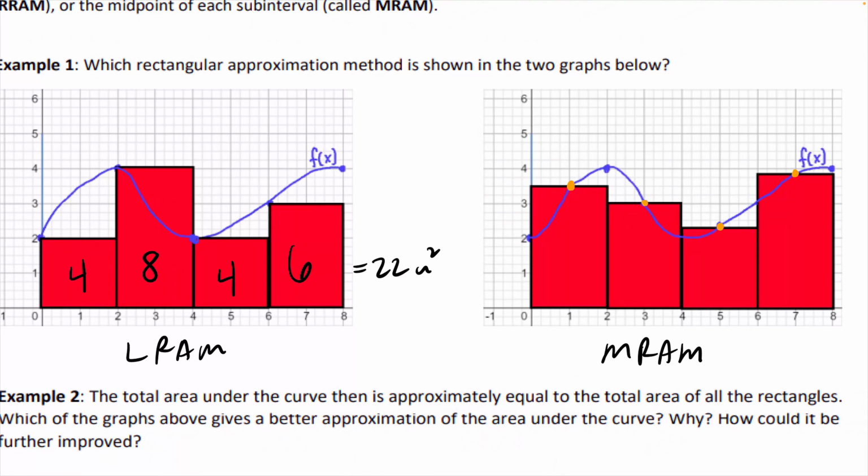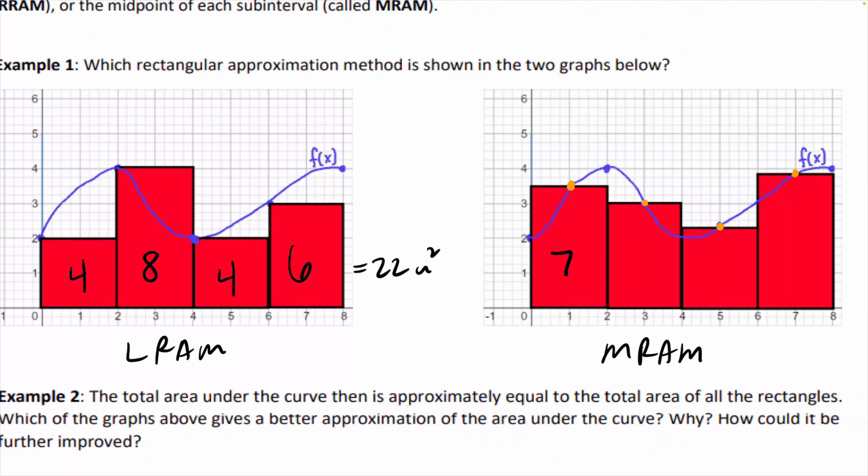For MRAM, it's the same function. Again, these are the same functions, f of x and f of x. Let's see what we get here. We get a 2 by 3.5. So that's 7-ish, right?